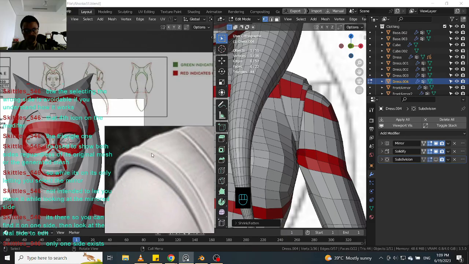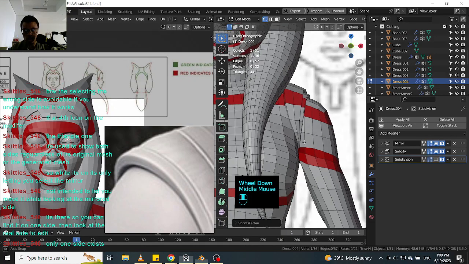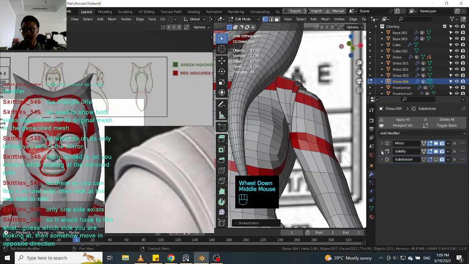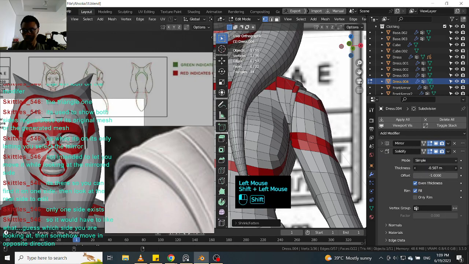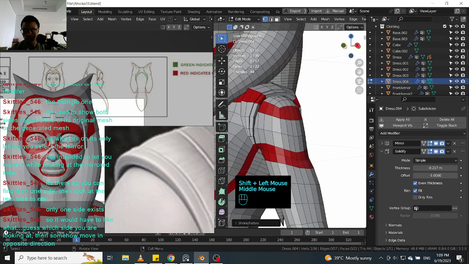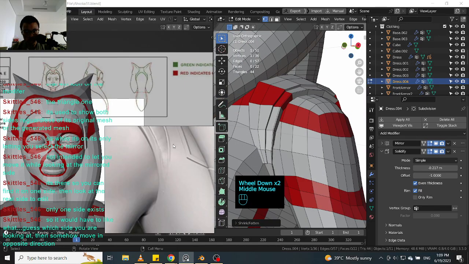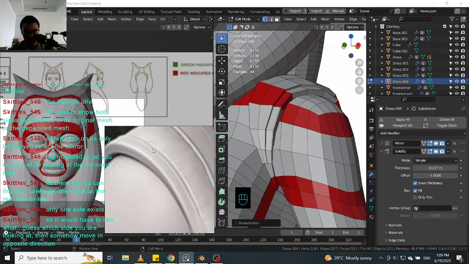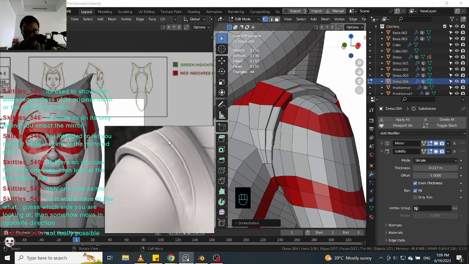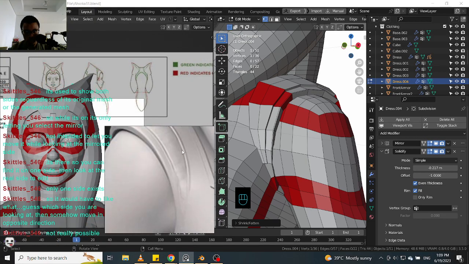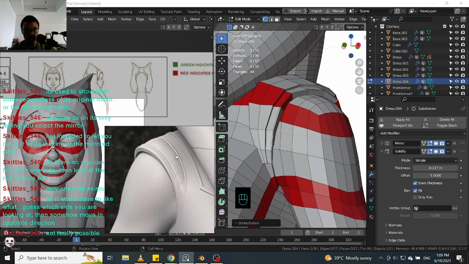Okay, it's a lot smaller than that. I'm just going to reduce this actually. I think here it's actually a part of this, not a separate piece. I think it was sculpted into that.